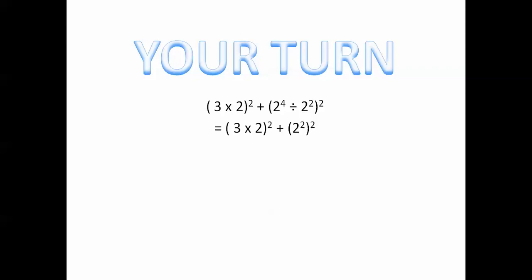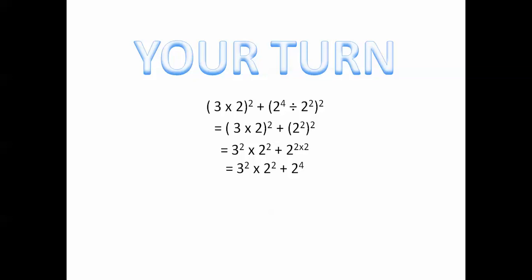Now let's apply our exponent laws. We said if we have multiplication inside the brackets, we apply the 2 to both numbers. And we also said if we have a power to a power, we multiply the exponents. So we get 3 squared times 2 squared plus 2 to the power of 2 times 2.